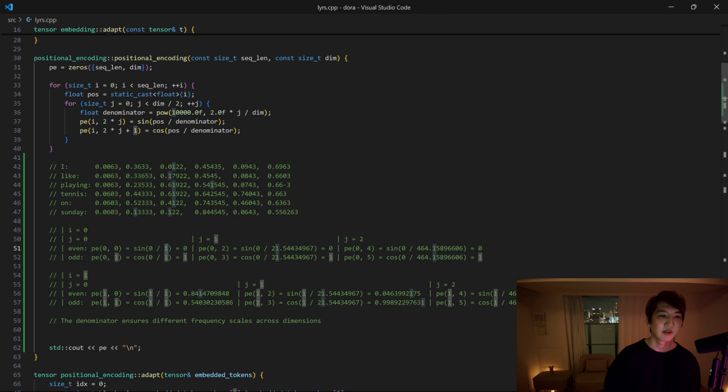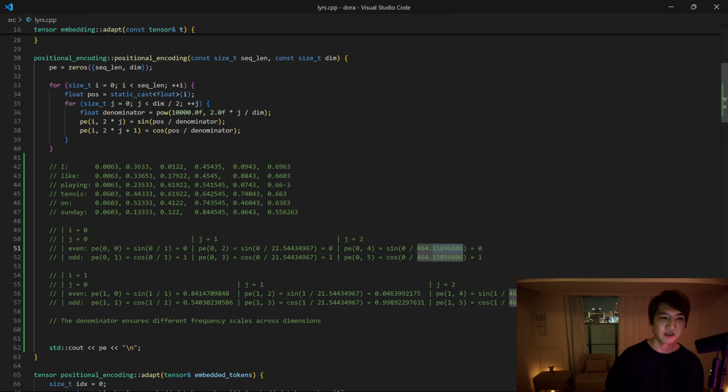And for the next dimension of this word, because it's an odd index, we use cosine, and the denominator is still 1. And for the next, the denominator would change, a new denominator, and so on.